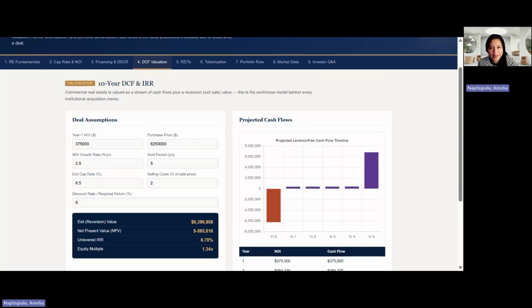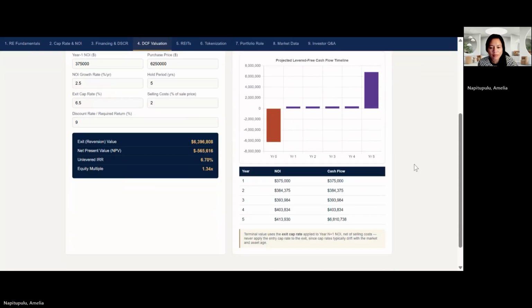The single most common mistake people make is applying today's cap rate to your exit value years down the road. Markets and buildings both age, so a more conservative exit assumption is the professional standard.